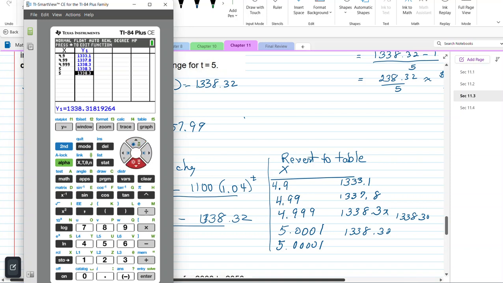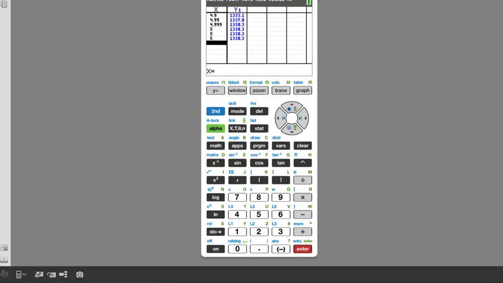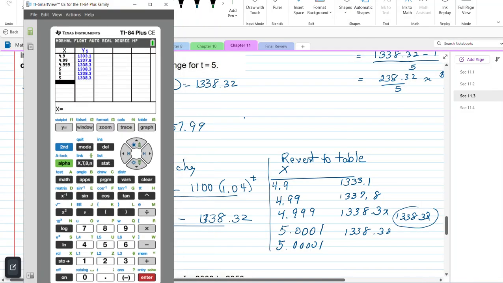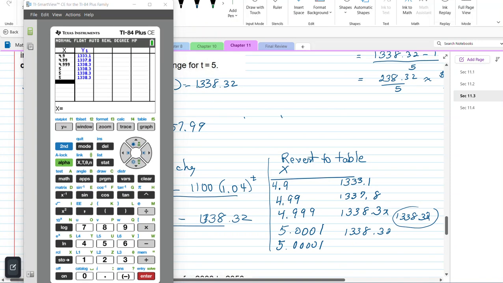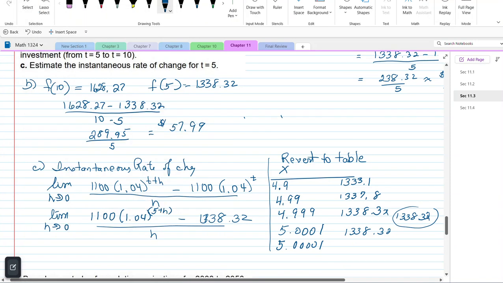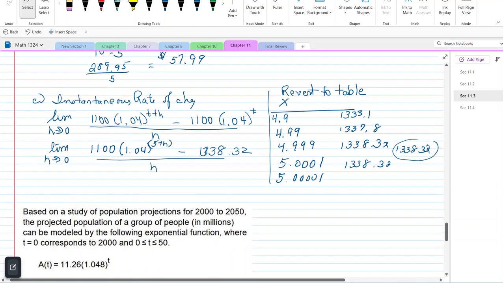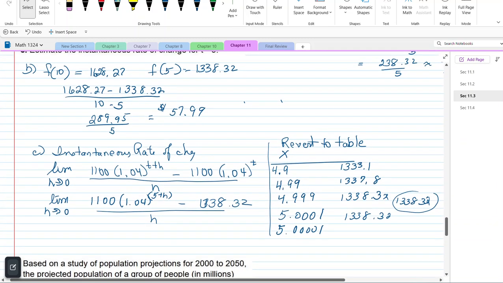All right, so let me do 5.00001, and I get the same thing. So we can safely say that it is what we got as the limit at that instantaneous rate of change. Oh, that problem was long, so I'm going to stop there, and this was on average rate of change.